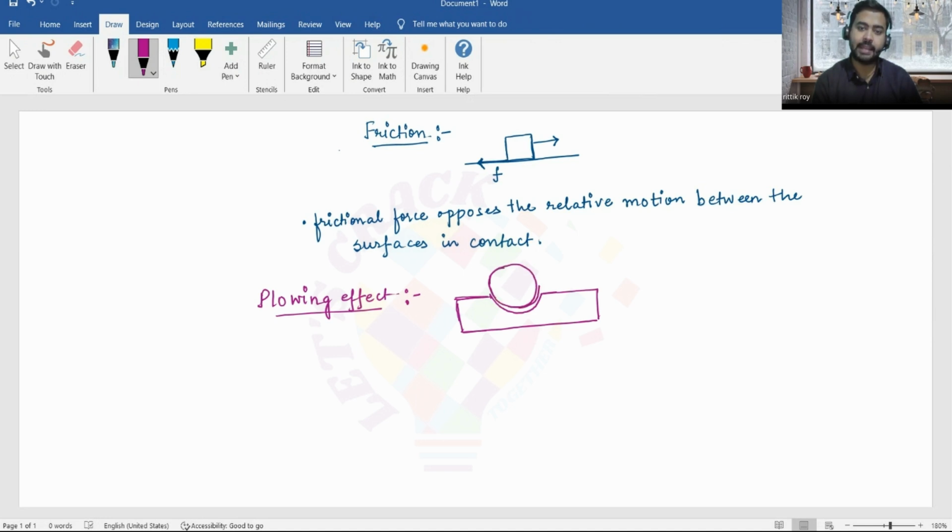Because of the weight of this ball, which is heavier and harder compared to this soft material, the soft body will slowly start to get deformed, and finally the ball will sink in and touch the surface of the soft body. So when a softer material gets deformed and an object sinks into its surface, and comes in contact with it, the consequence of this sinking of one surface into another is known as the ploughing effect.